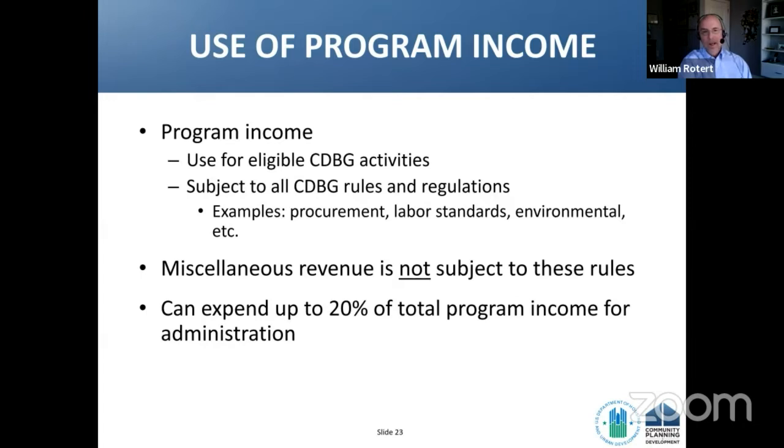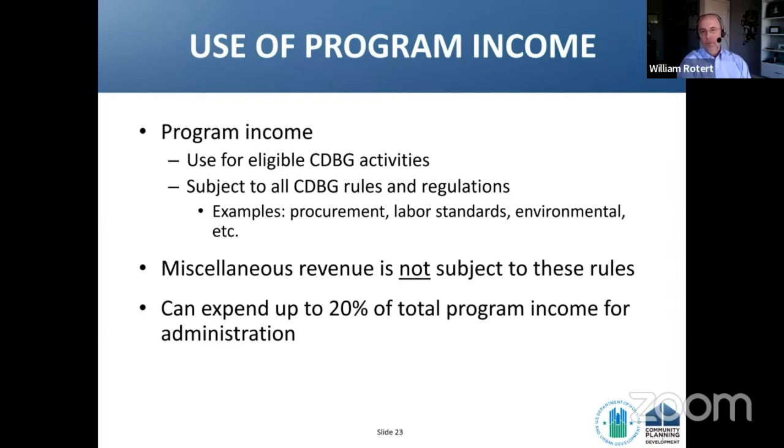They're not exempted from federal procurement requirements, which we'll talk about at the end, or Davis-Bacon labor requirements, or the NEPA environmental requirements that you have to do. Those program income dollars are treated just like regular dollars. Okay, we're going to touch on miscellaneous revenue in a minute. The one exception to this is miscellaneous revenue is not subject to these rules.